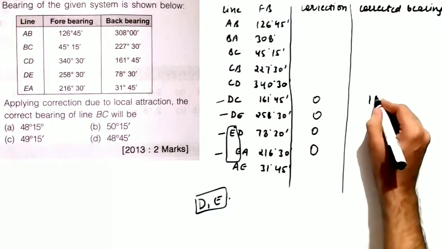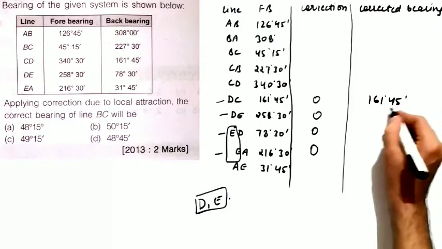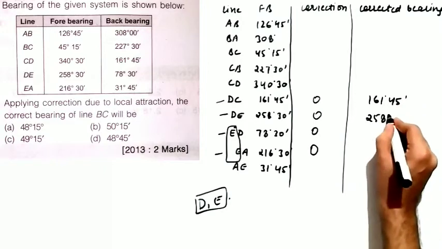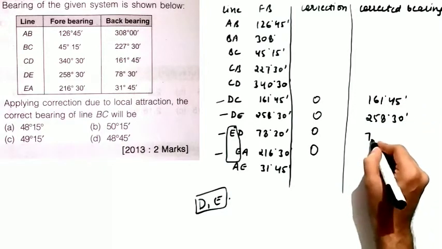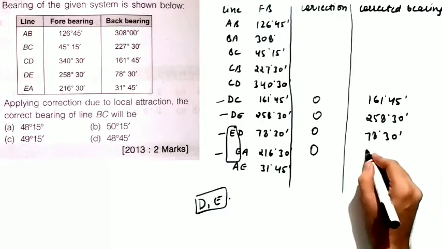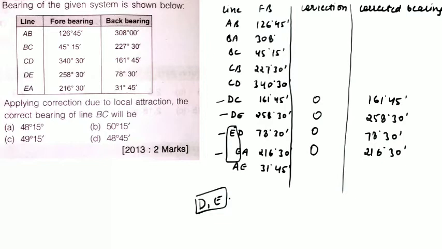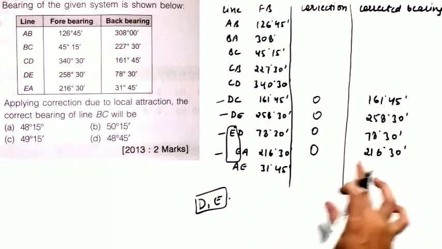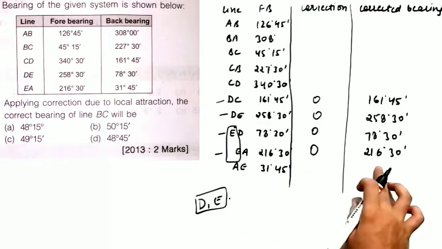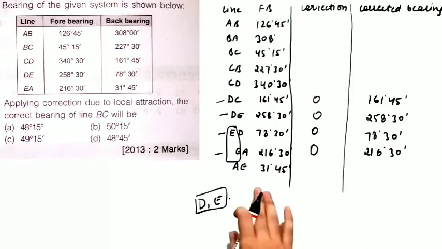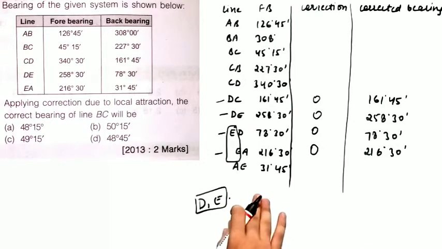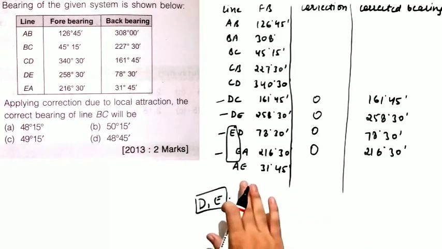The corrected bearing is 161 degree 45 minutes. This has 258 degree 30 minutes. This has 78 degree 30 minutes, and this has 216 degree and 30 minutes. Now see, this is the correct bearing for EA. How can you actually find the correct bearing for AE?